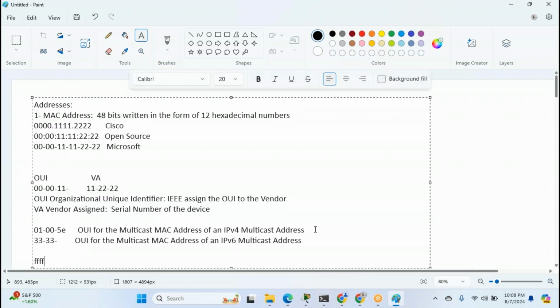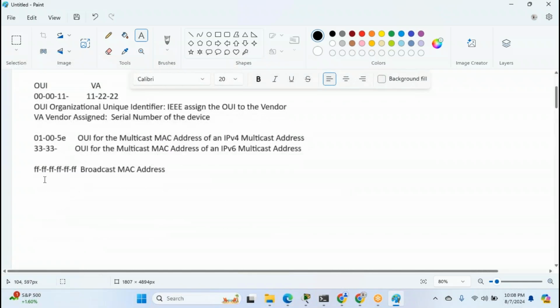Then we have another one, FFFF.FFFF.FFFF. This is the broadcast MAC address. After the MAC address, we quickly discuss the IPv4 address.